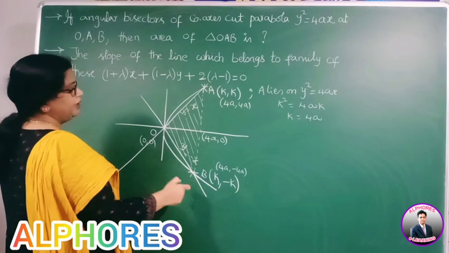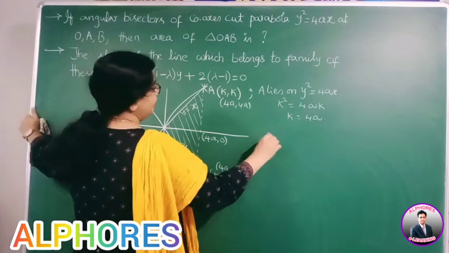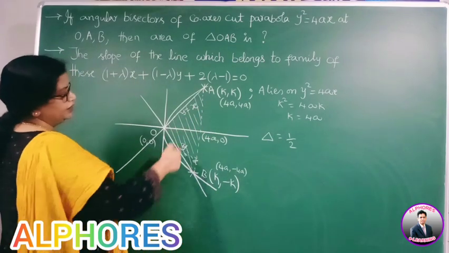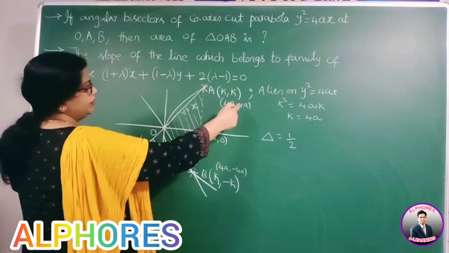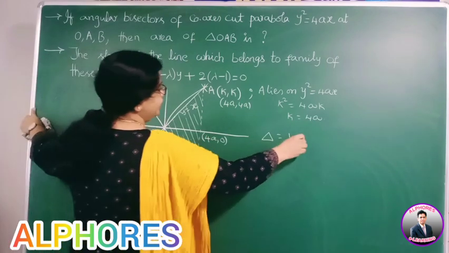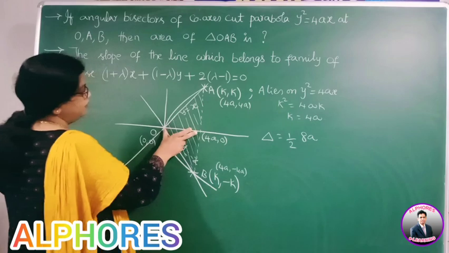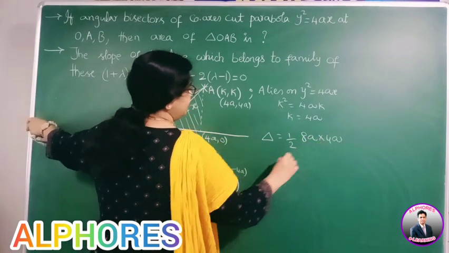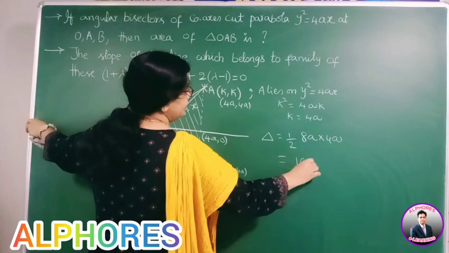So now the area is delta equal to half base times height. Base means we are taking AB, and that value is 4a plus 4a, that is 8a, and into the height 4a. Therefore finally our answer is 16a square.